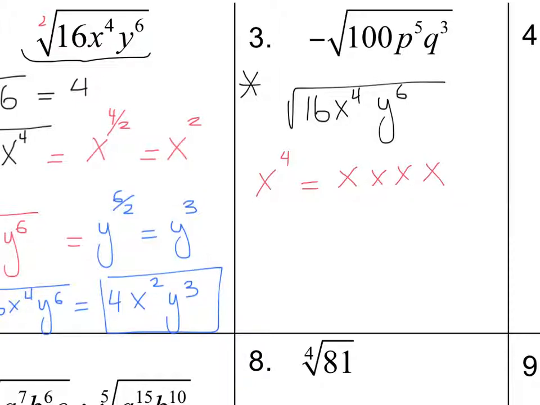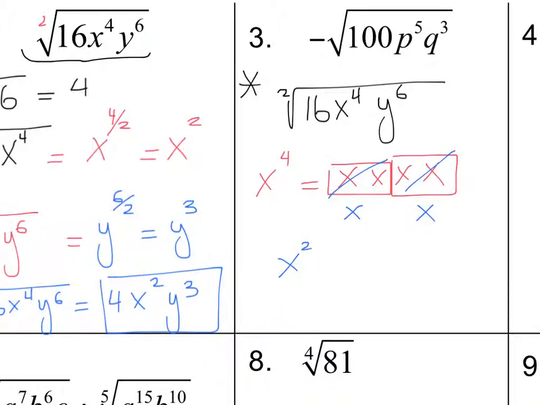Now since the index is 2, it means any groups of 2 will leave the radical. So I have a pair and a second pair. From this group x is going to leave, from this group x is going to leave. So I have x times x leaving the radical, and that's x to the 2nd. And as you can see, we got the same answer.